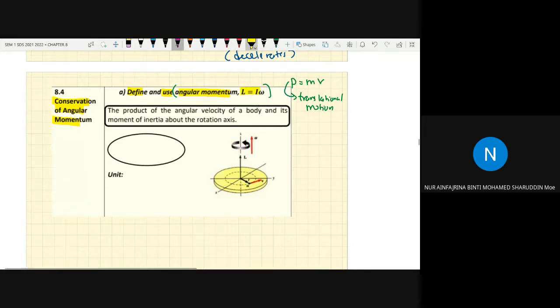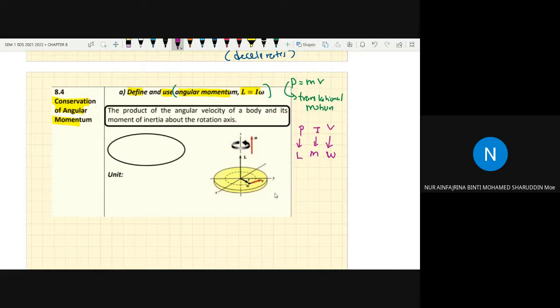Momentum sama juga dengan angular momentum. Moment of inertia ni lebih kurang macam mass, and angular velocity lebih kurang macam velocity. So lebih kurang macam tu je.